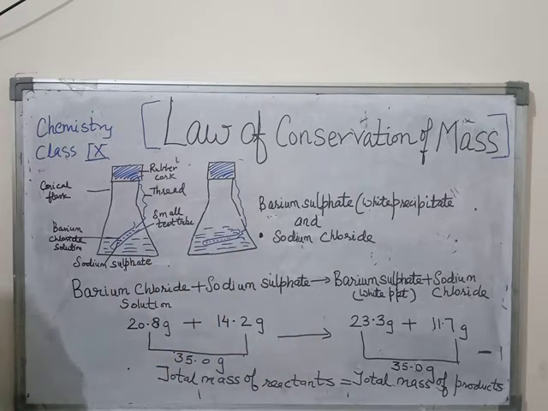Yesterday we studied what the law of conservation of mass is. The law of conservation of mass states that matter can neither be created nor be destroyed; it remains conserved.